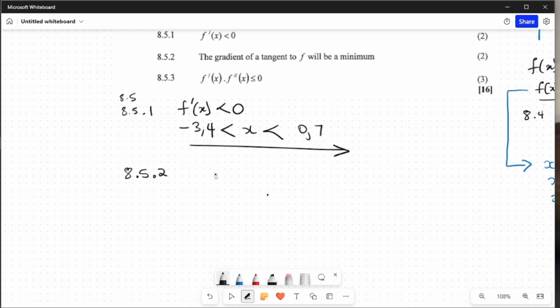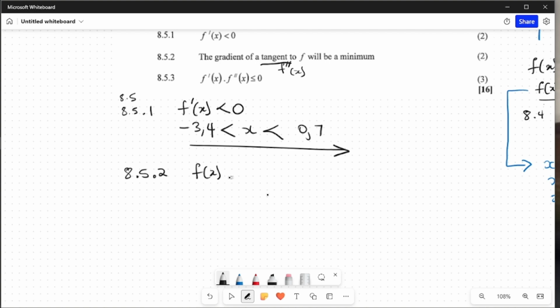Okay guys, 8.5.2 says we are looking for the x values whereby the gradient of a tangent to f, this will be a straight line, meaning it's the second derivative, will be a minimum. So let us find the second derivative.